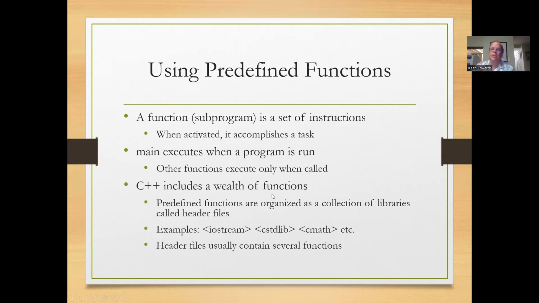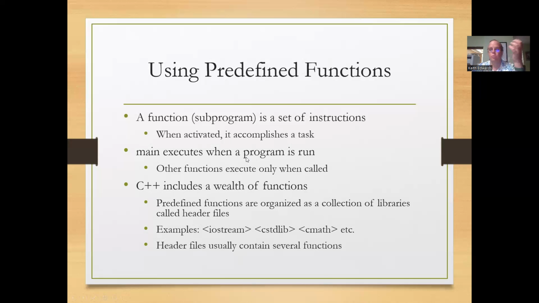And C++ has a wealth of predefined functions that you can find in different libraries like iostream, string, C standard library, and cmath. The header files will contain several different functions. And this is where a tool like C++ Reference or GeeksforGeeks, as an online reference, is terrific for telling you exactly what functions are in the header file rather than having us go over each and every potential function that you might encounter.